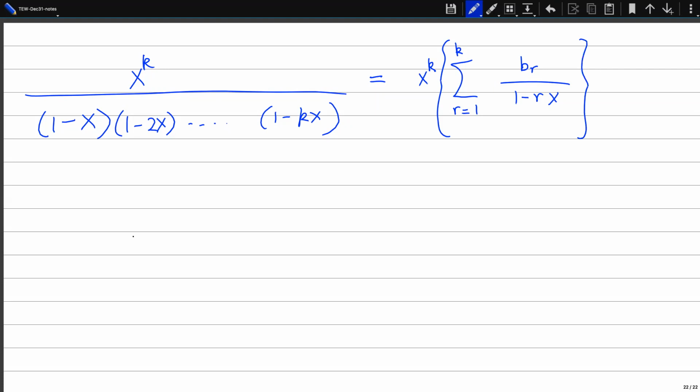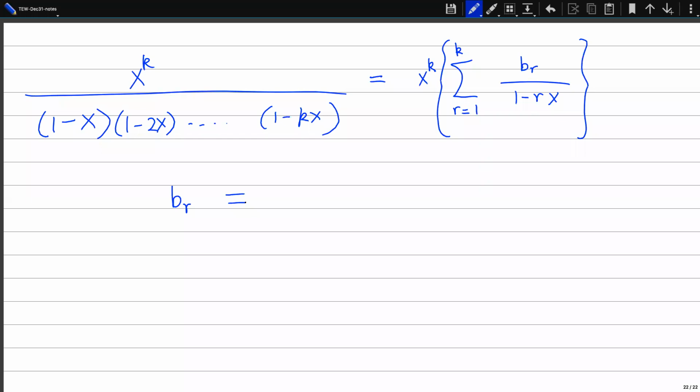So can anyone help me? What should b_r look like in general? Or what is given b_1?